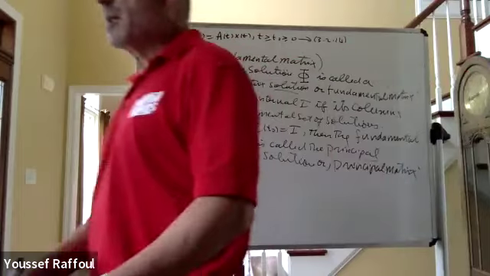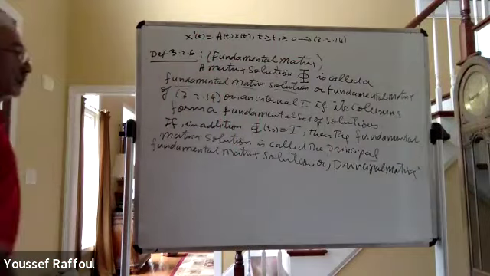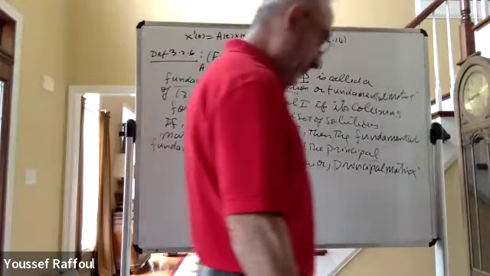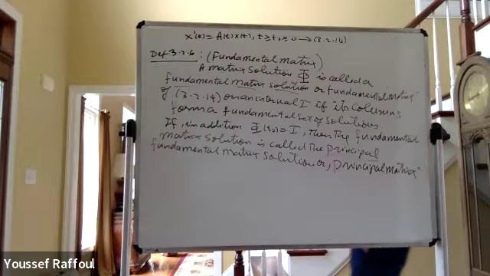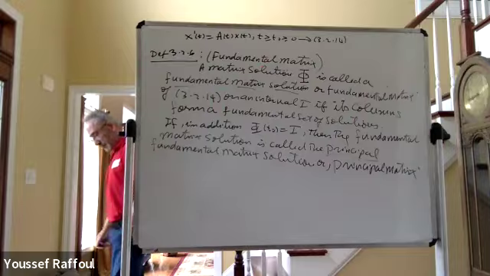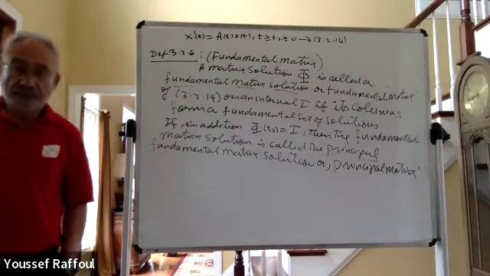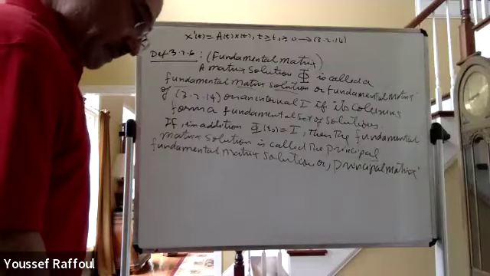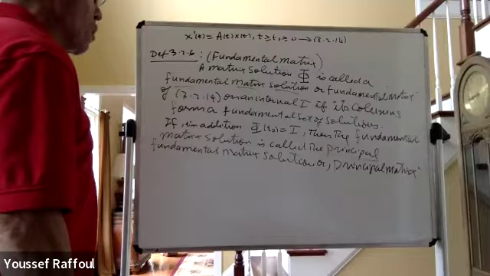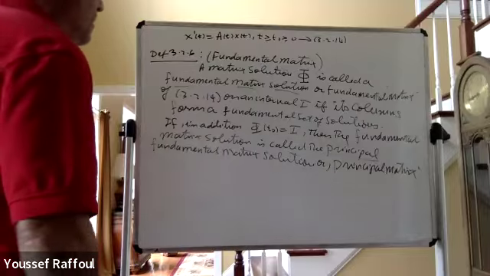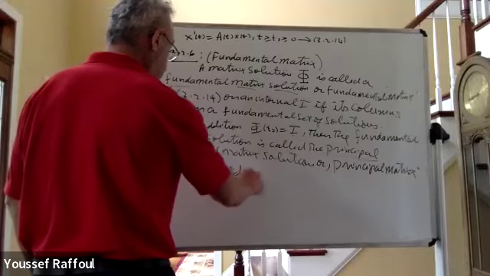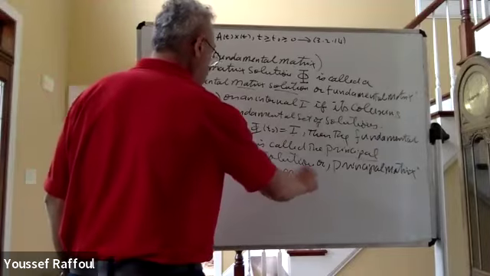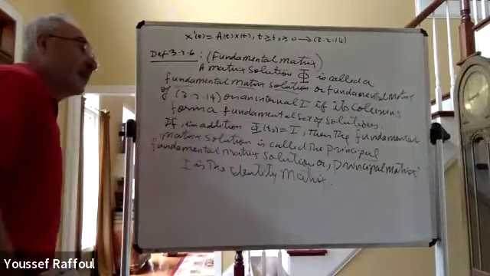So now we're getting into the little nitty-gritty stuff. Here, I is the identity matrix.